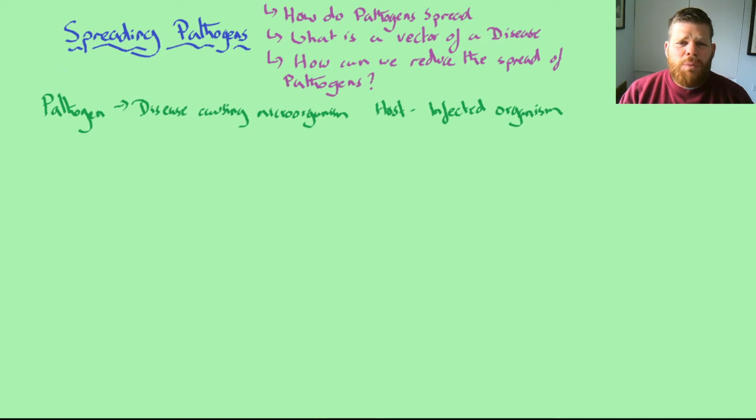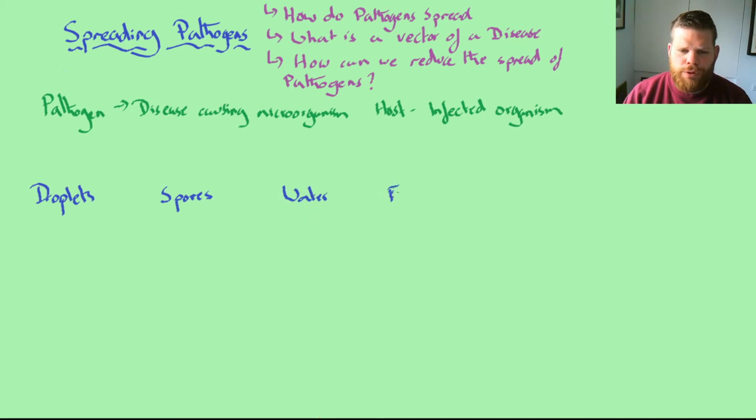Before we get into too much detail on each individual one, let's look at the broad spectrum of the different ways in which pathogens can spread. First off, we've got droplets. We've got spores. We have water.